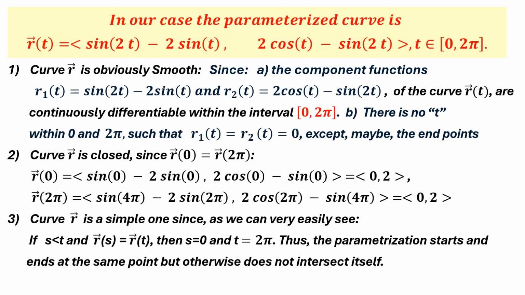R of 2 pi equals sine 4 pi minus 2 sine 2 pi, 2 cosine 2 pi minus sine 4 pi, which equals 0, 2. Third, curve R is a simple one since, as we can very easily see, if s is less than t and R of s equals R of t, then s equals 0 and t equals 2 pi. Thus, the parametrization starts and ends at the same point but otherwise does not intersect itself.